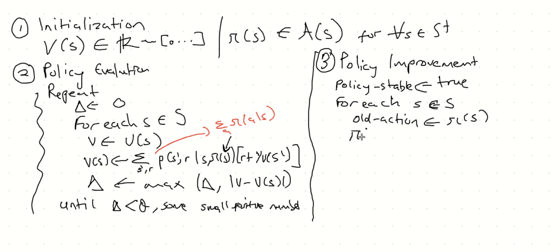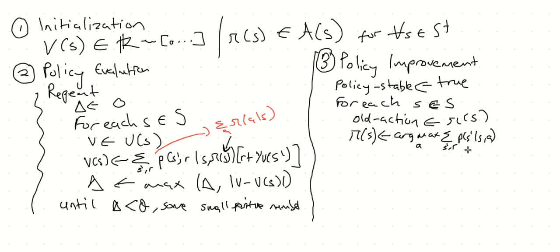Well, this comes from our formula. We update the policy at the current state by assigning it the argmax over all possible actions a of the summation over s prime, r of p(s prime given s, a).